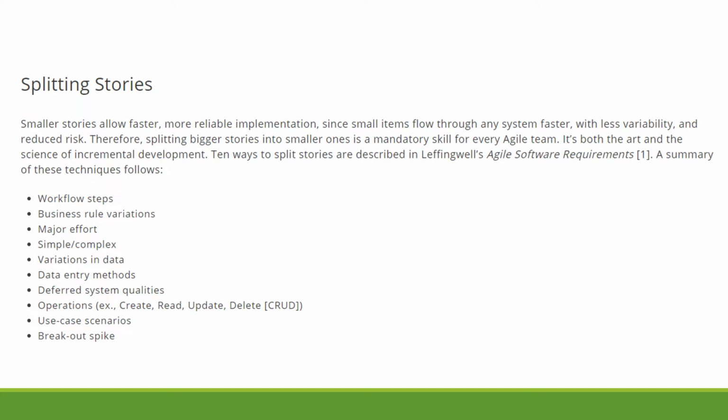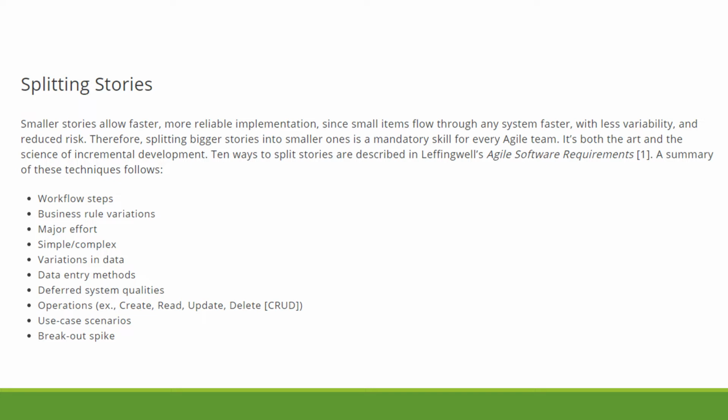You can understand faster, implement faster, and implement reliably as well. That's very important. Small items flow through any system faster, which is an important psychology. That is one of the reasons we want to split the stories as much as possible.